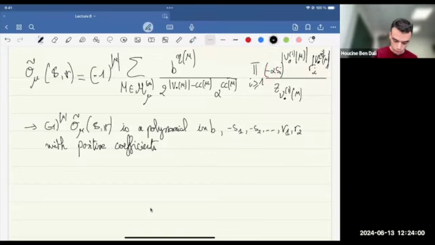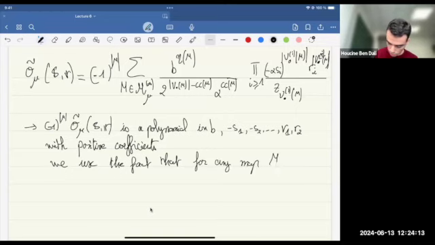And this is true because for each map, the number of white vertices is at least the number of connected components, because we are working with bipartite maps, and in a bipartite map, each connected component should have at least one white vertex.